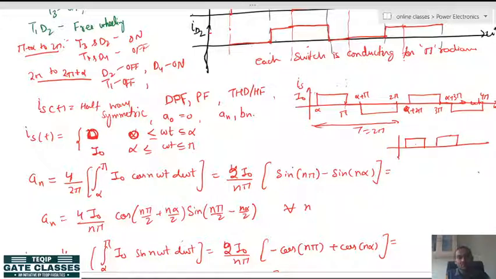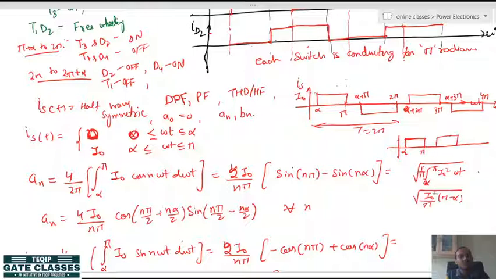So, to calculate its RMS value, we can take the integration from alpha to pi: 1 upon pi, I naught square, d omega t. So, it will be under root of I naught square upon pi times (pi minus alpha).